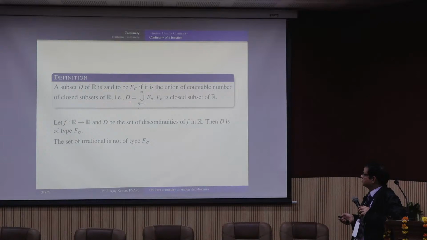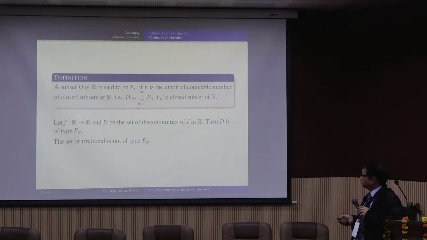You define a so-called F sigma set, that is, a countable union of closed sets. Every open interval is already an F sigma set, and every closed interval is also an F sigma set.